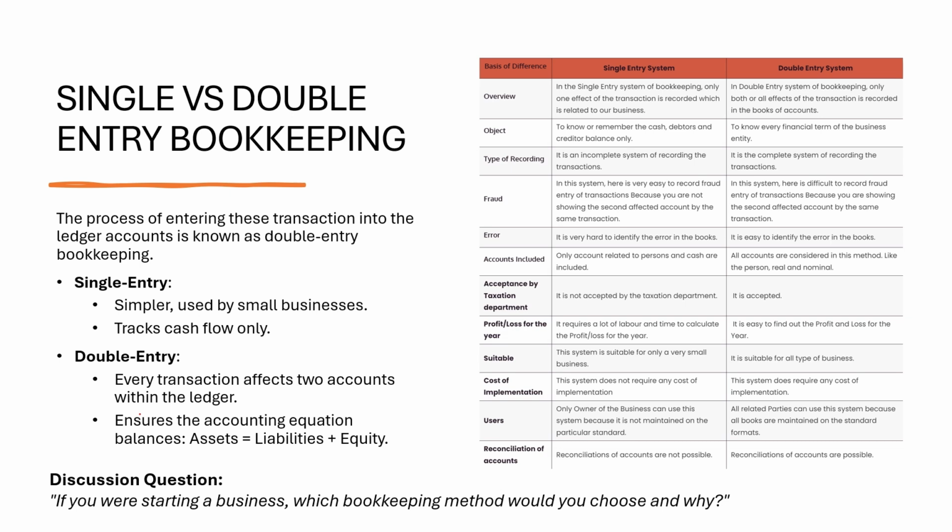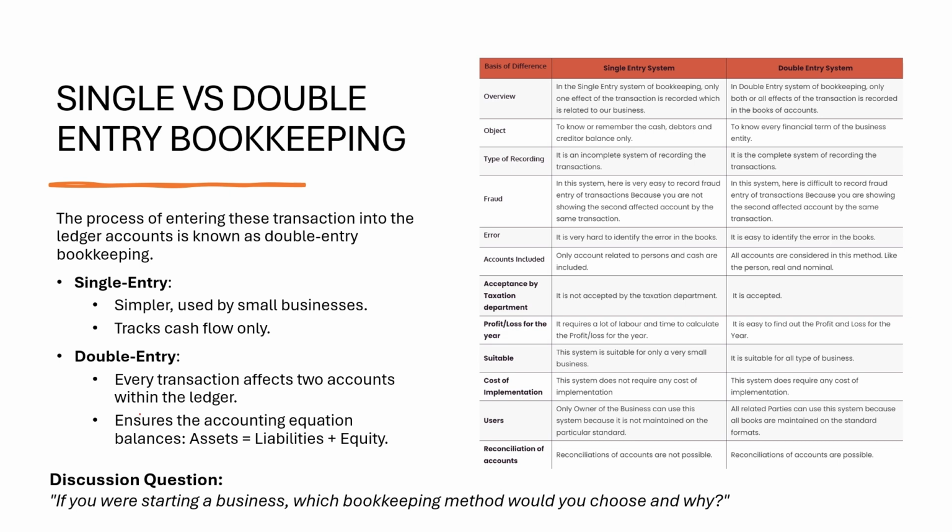And it only tracks cash flow, which tends to be related to assets. But on the other hand, double entry needs to record a more complex system, two accounts instead of just one account for cash flow. And it also needs to ensure the accounting equation balances. Basically, the accounting equation holds true: assets equals liabilities plus equity, which single entry would not be able to reflect.